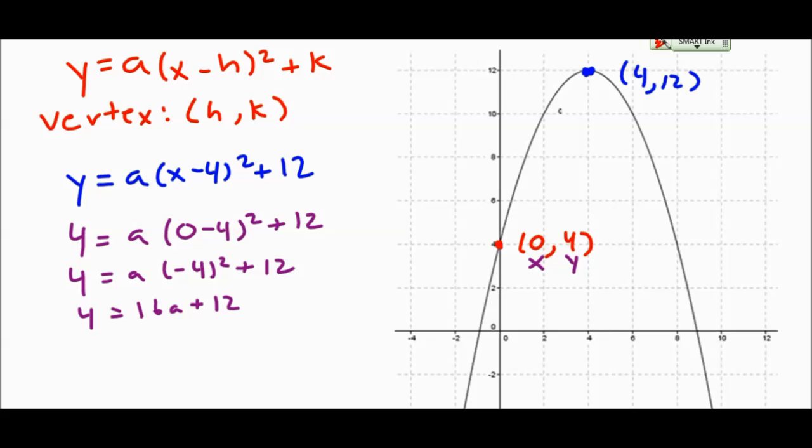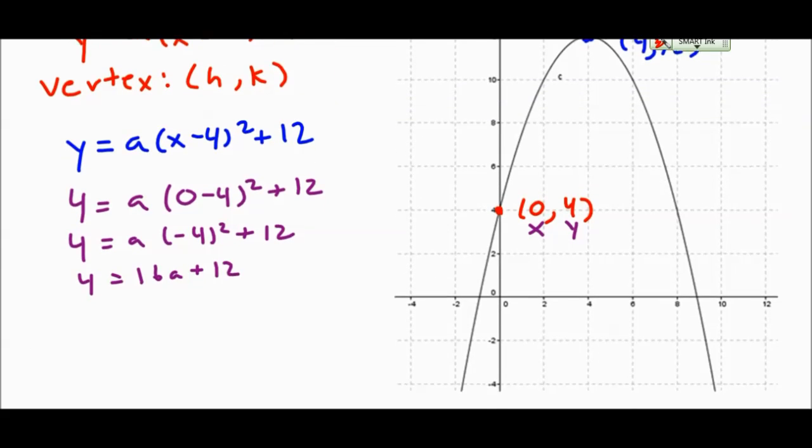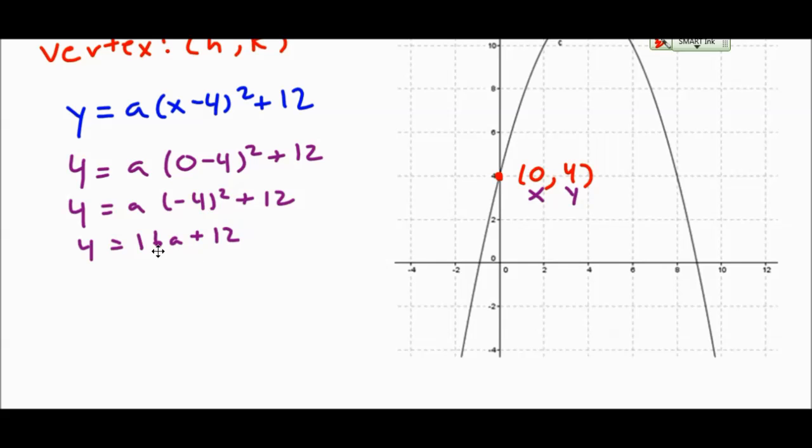So right now, all we do is solve this like we would any other linear equation. So I've got a plus 12 here, so I'm going to undo that by subtracting 12 from both sides. So that gives me negative 8 equals 16a. Then I'm going to finish that off by dividing both sides by 16, undoing this multiplication.